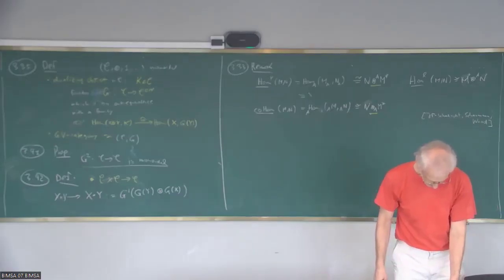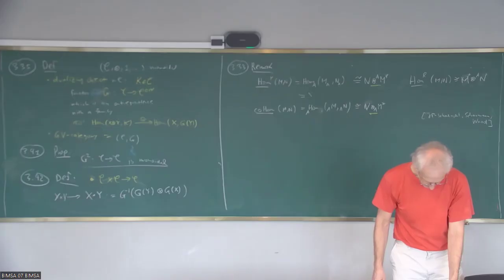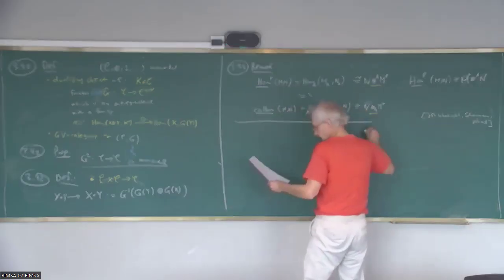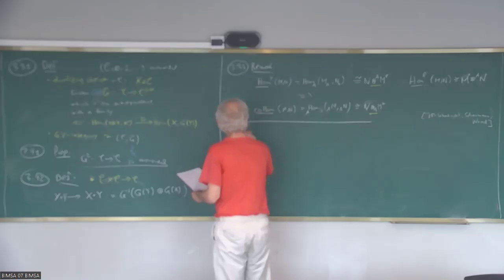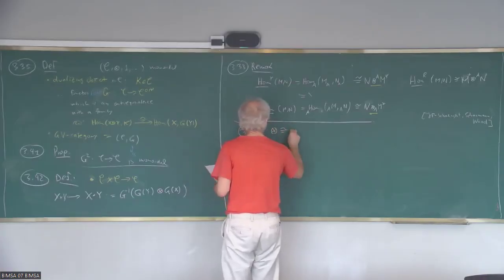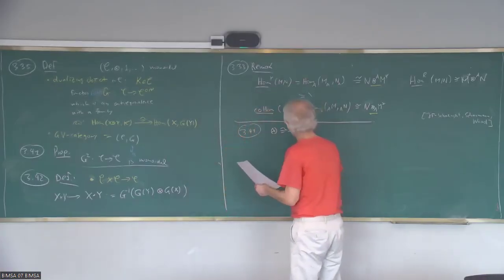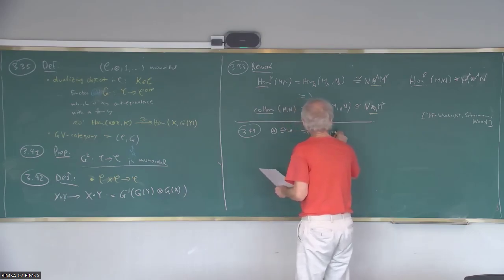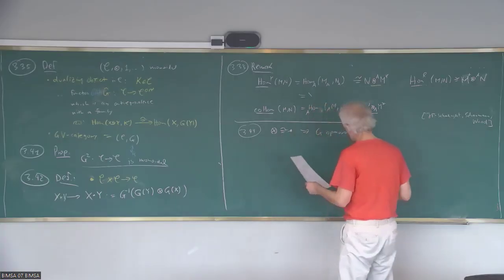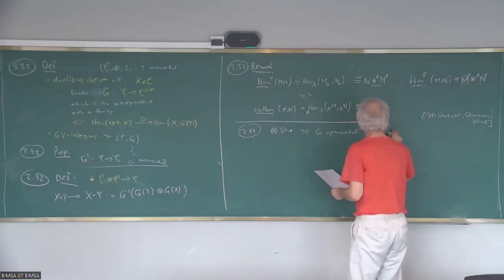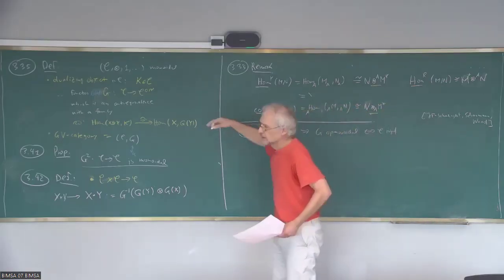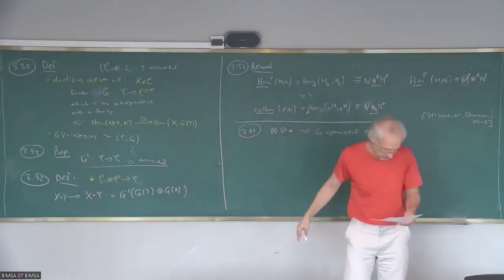And now you can ask, is this something new really? And one can show actually that if these two functors are isomorphic, then G is opmonoidal. And that means that C is actually rigid. So as soon as we have a non-rigid category, this is something new.